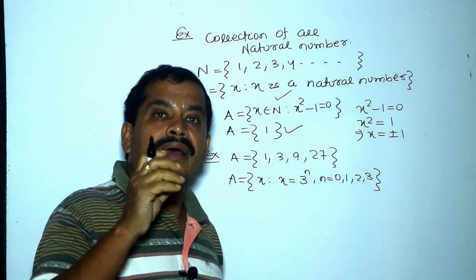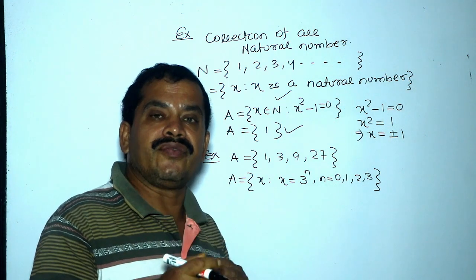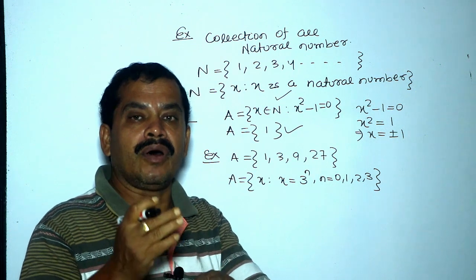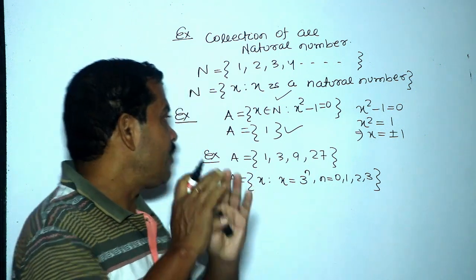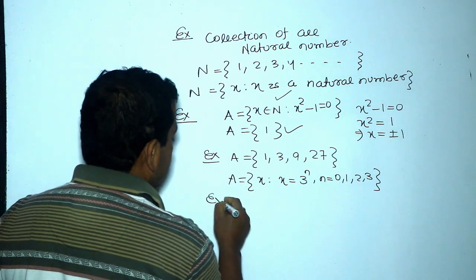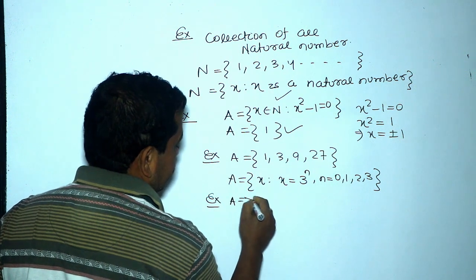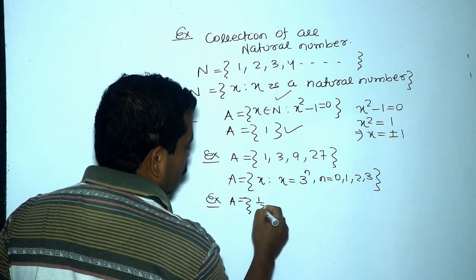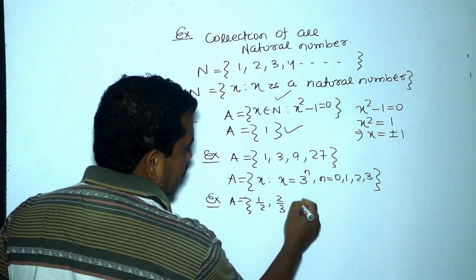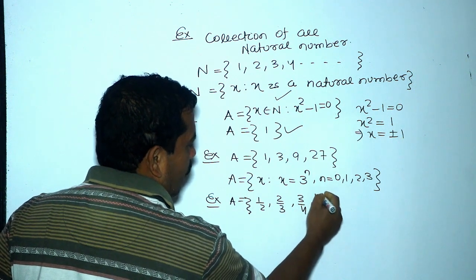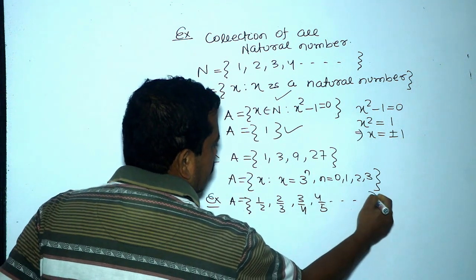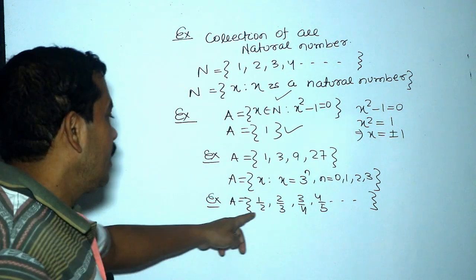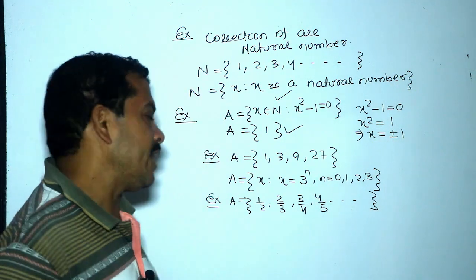So we can convert set builder form to roster form, also roster form to set builder form. Suppose this set is 1/2, 2/3, 3/4, 4/5, and so on. This is the roster form of this set.